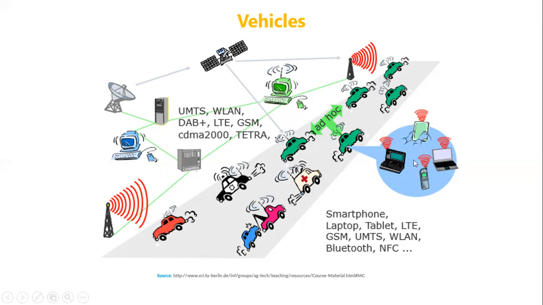Piconet means a maximum of 8 devices can be connected to it. So by forming a piconet, these devices would be able to communicate with each other. So this is how mobile communications are used for vehicles.